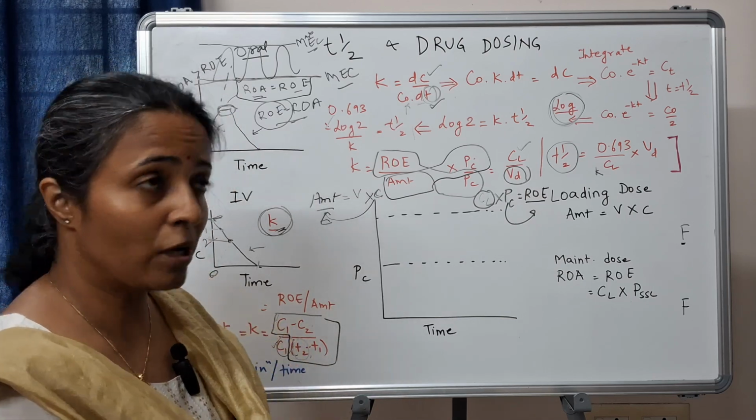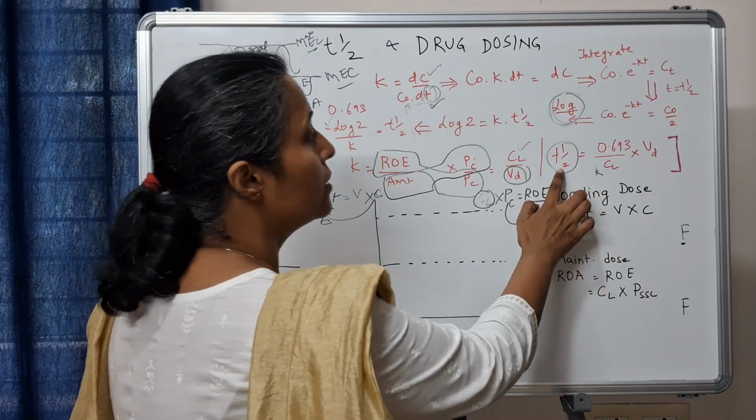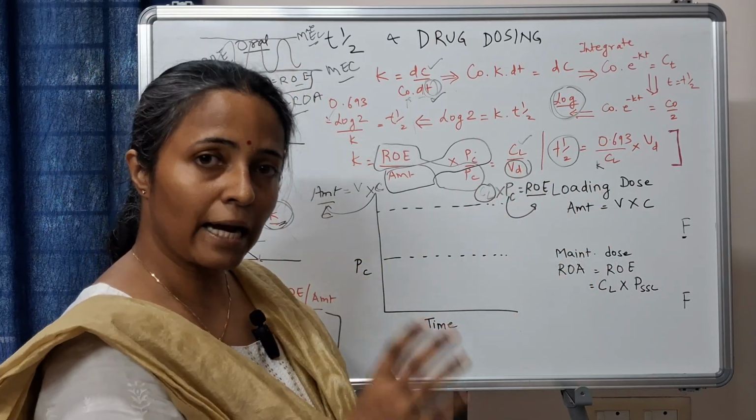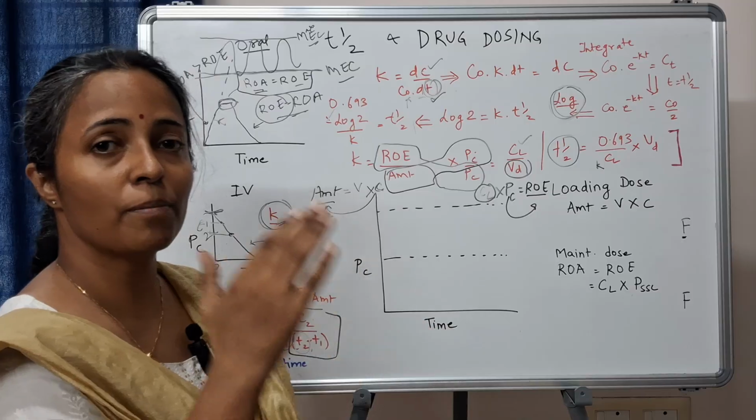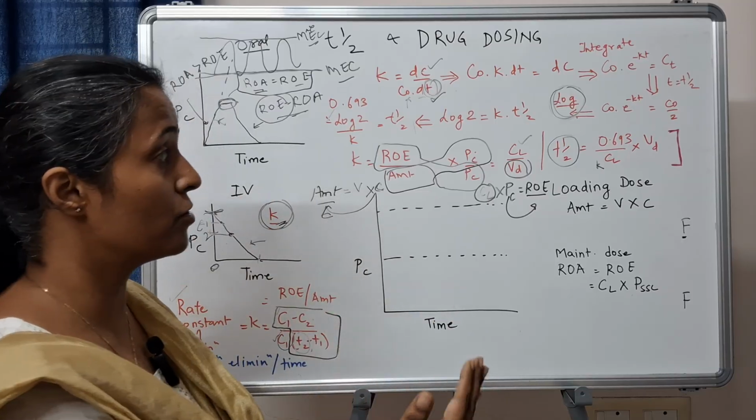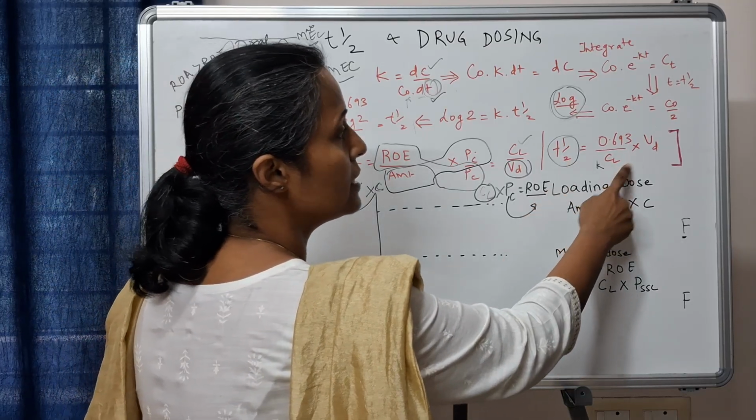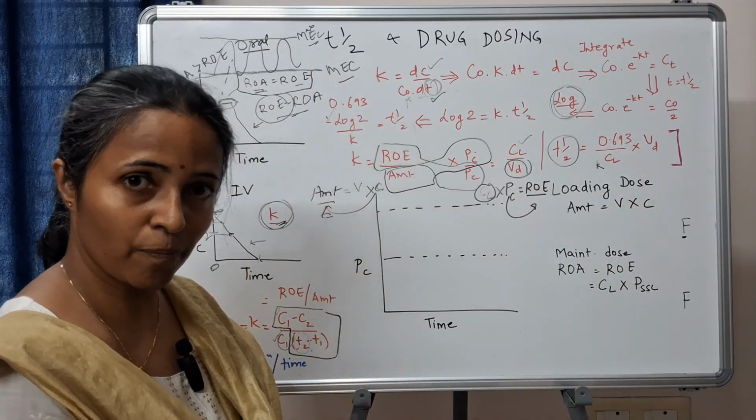So conceptually, you have to remember that this T half, that is the time in which the drug concentration becomes half of the original concentration, depends on clearance and on the volume of distribution. Okay.